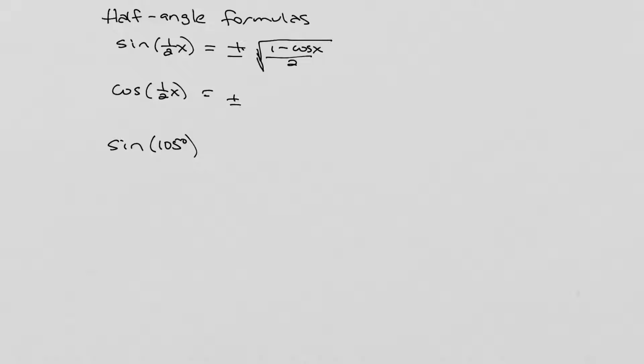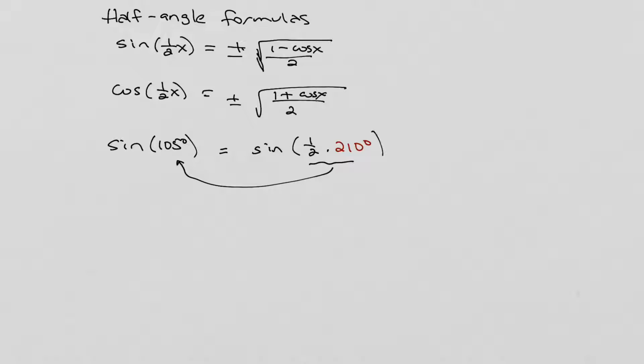And cosine of 1/2 x is plus or minus the square root of 1 plus cosine of x over 2, again all under my square root. So 105 degrees, I could write this as sine of 1/2 times 210 degrees, because half of 210 gives me 105.